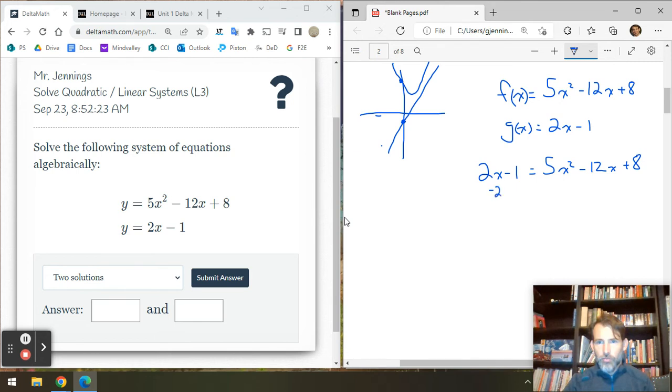Let's subtract 2x from both sides and add 1. 0 equals 5x squared minus 14x plus 9. Okay, can I multiply to positive 45 and add to minus 14? So I'm playing an x game in my head. Yes, I can. Minus 9 times minus 5.